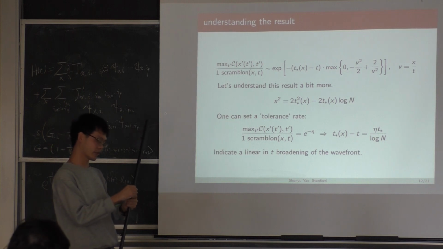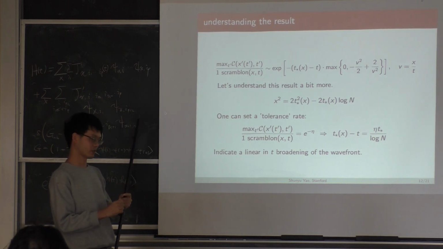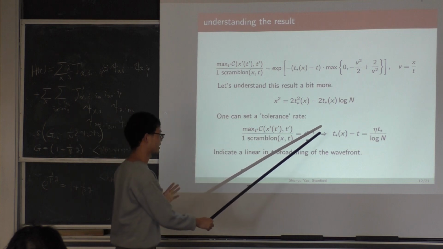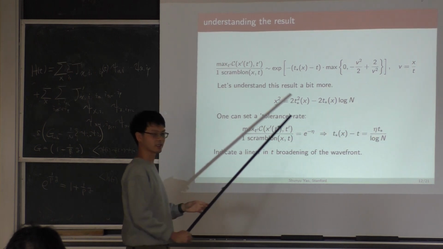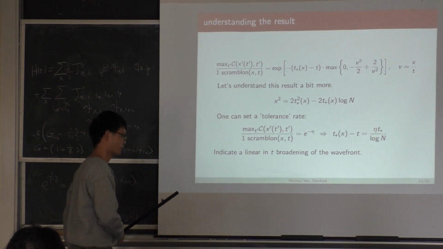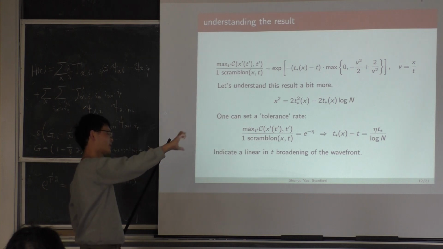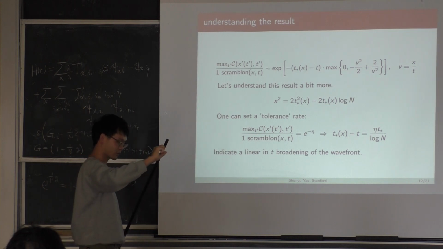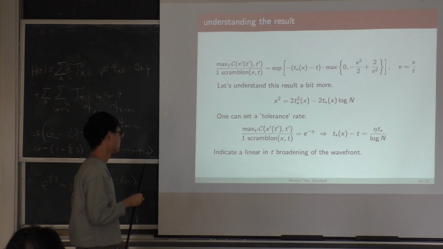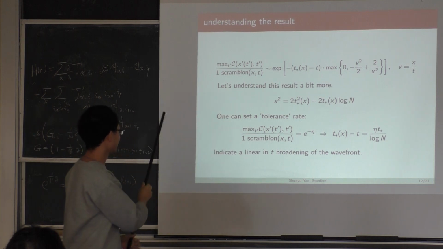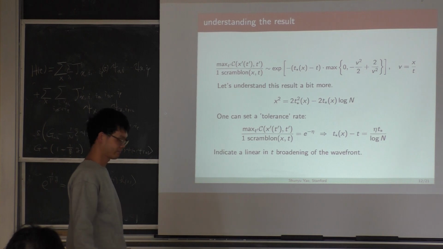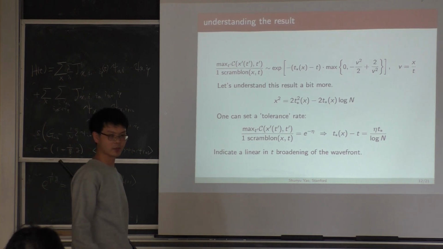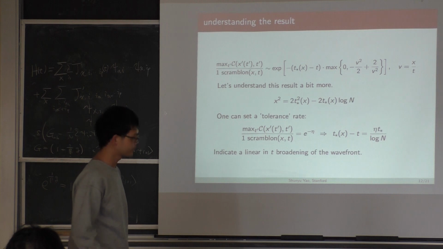And the difference between the naive light cone and the position where it breaks down grows linearly with x or with time. So as we go farther and farther along the light cone, the breakdown becomes larger and larger. So this somehow indicates a sort of linear-in-time broadening of the waveform, which on the second page, as you will see, appears in the random matrix circuit.